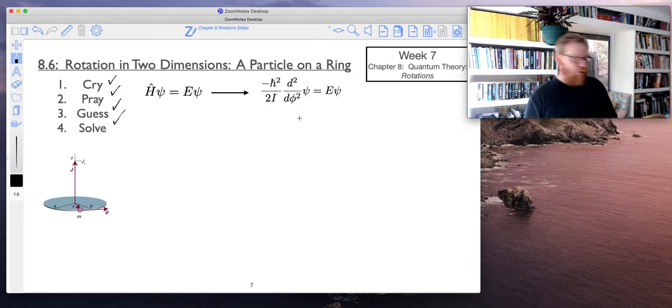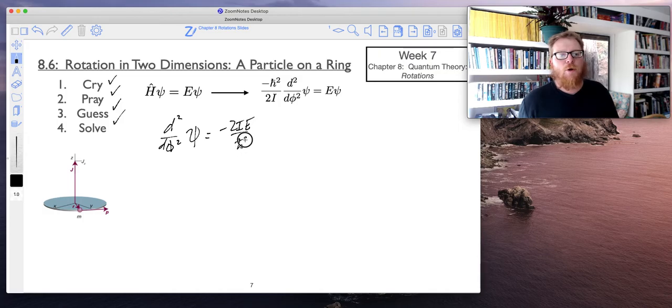So here I have my Schrodinger equation. The first thing I want to do is get that in the standard reduced form, so I'm going to do that algebra right here. I'm going to multiply negative 2I over h bar squared through. So I get the second derivative in phi of psi equals negative 2IE over h bar squared times psi.